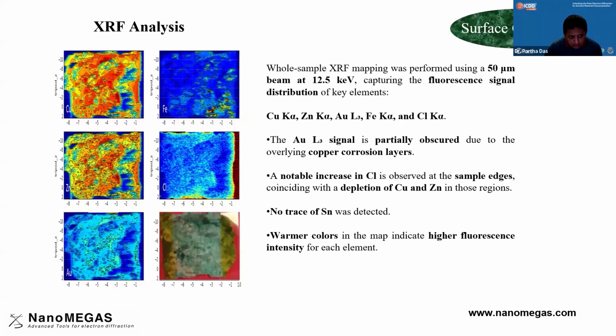We believe the signal was obscured by the copper corrosion layers. We saw chlorine at the edges specifically, where copper and zinc were depleted. No tin was observed; the archaeologists told us it's a bronze, so we thought it would be tin, but we do not see any tin. In these color-coded maps, the warmer colors indicate more of that particular element.